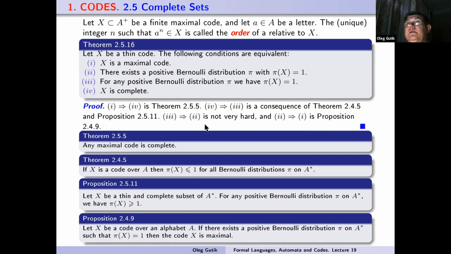This completes the proof of our theorem, which shows that these 4 statements are equivalent.